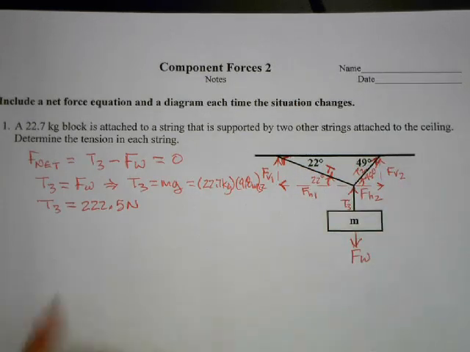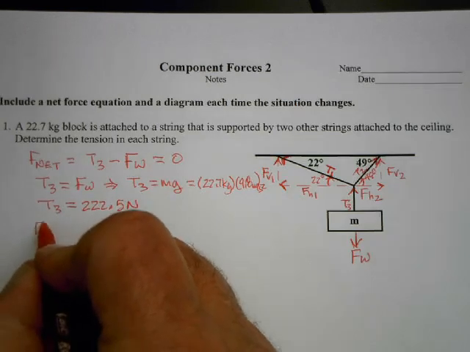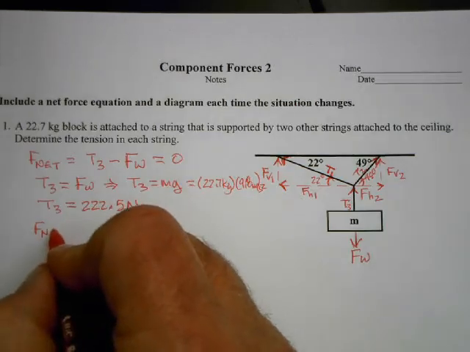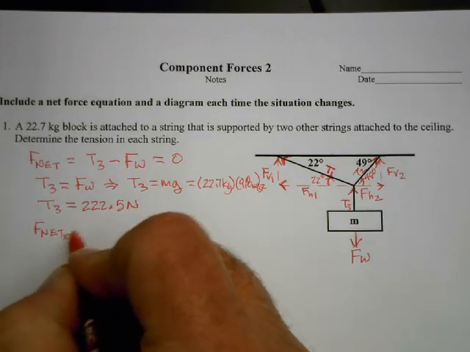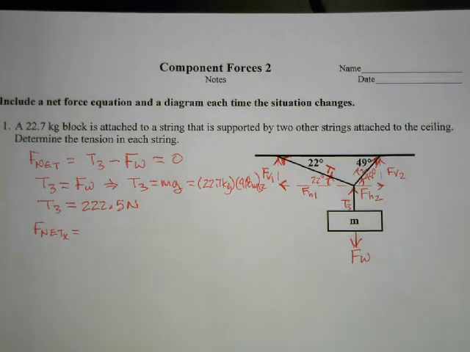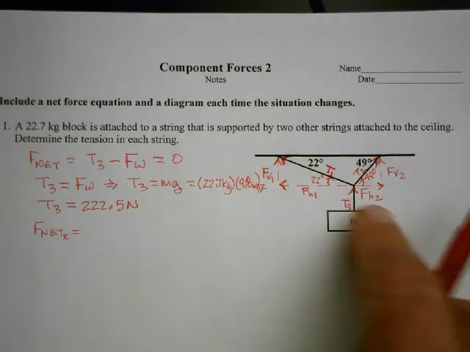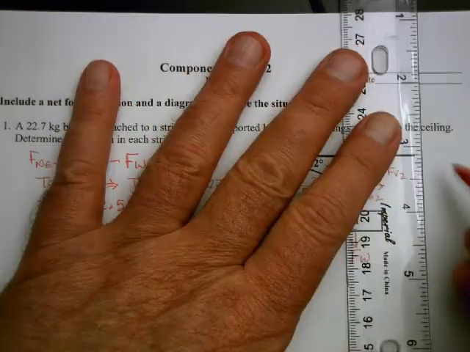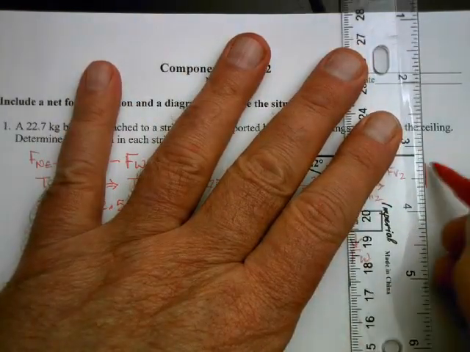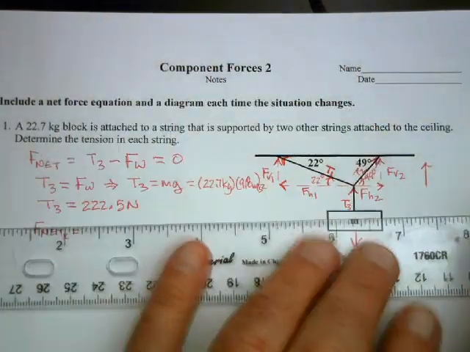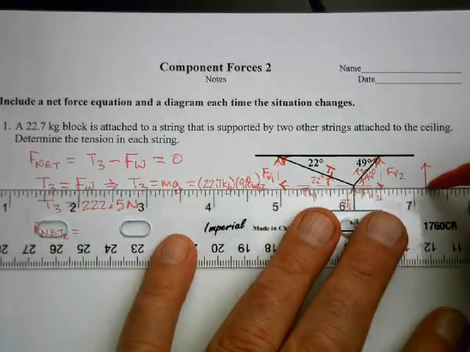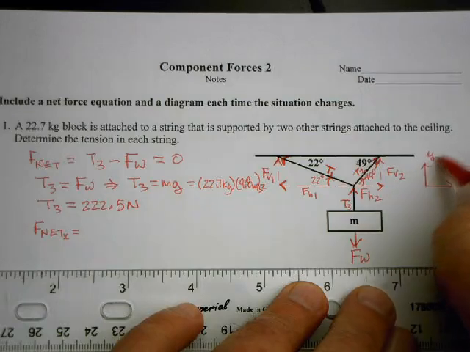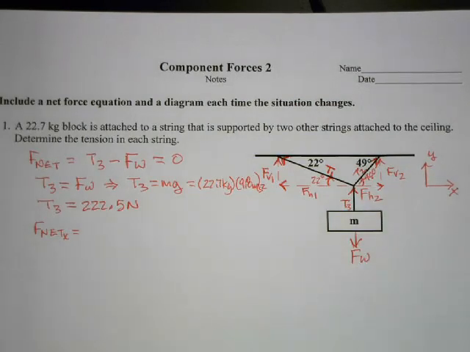So again, since these guys are at diagonals, if I think of an x direction, well, in the x, the only things going x, and we could put a little diagram right here just off to the side to help us. So y and x for our directions.